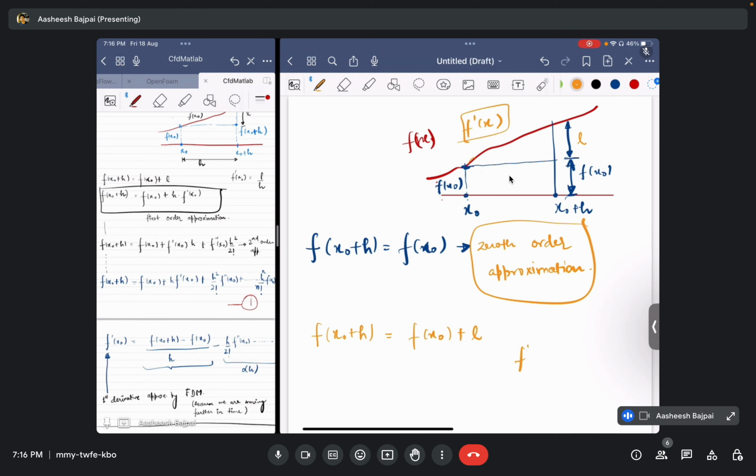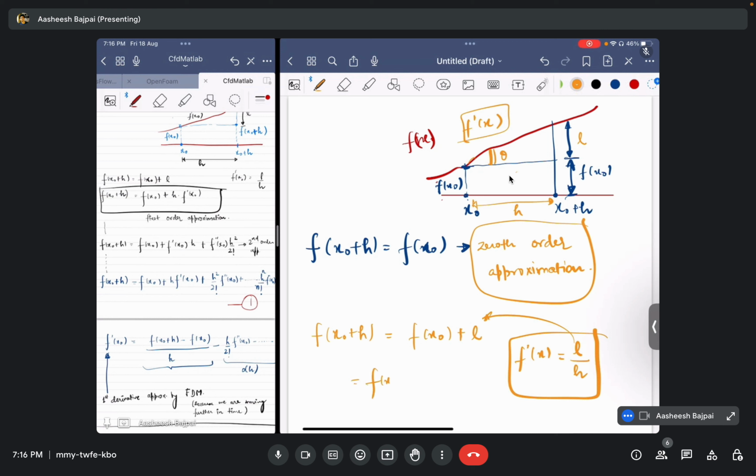The derivative means slope, which is L by h, tan theta, which is f dash x. So what will be the value of L from here?